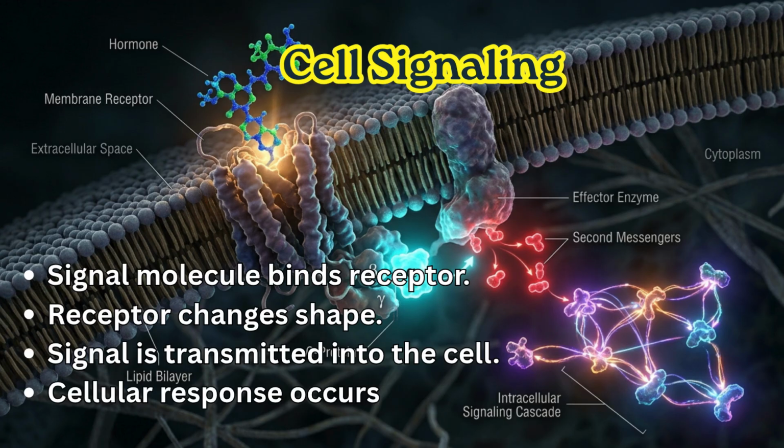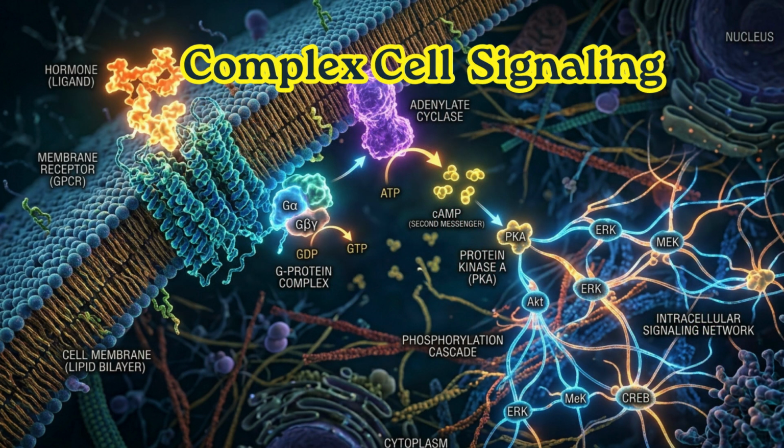In cell signaling, membrane receptors detect chemical signals. What happens in cell signaling? The signal molecule binds with the receptor. The receptor changes its shape. The signal is transmitted into the cell, and the cellular response occurs. A cell membrane has very complex cell signaling also, as shown here.